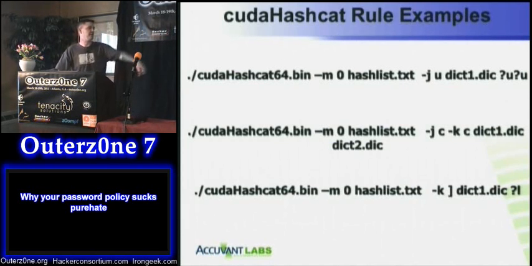And then, like I said, the bracket cuts off the last character of the word. The reason that I show that, something that's funny, is that in the beginning there was no way with this Oclhashcat version to just run a straight word list attack.